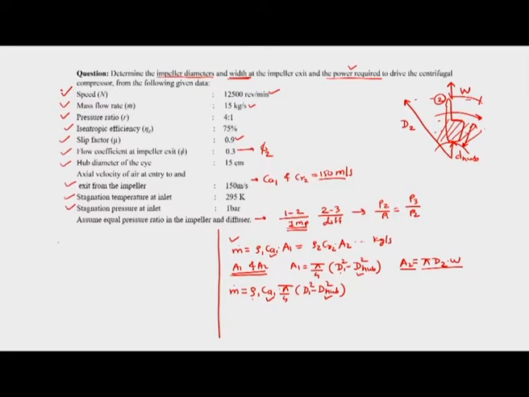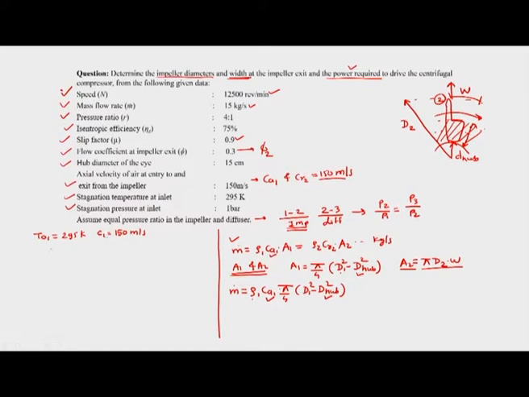We are given the stagnation temperature at the inlet, T01, as 295 Kelvin. We also know the velocity C1 is 150 meter per second.